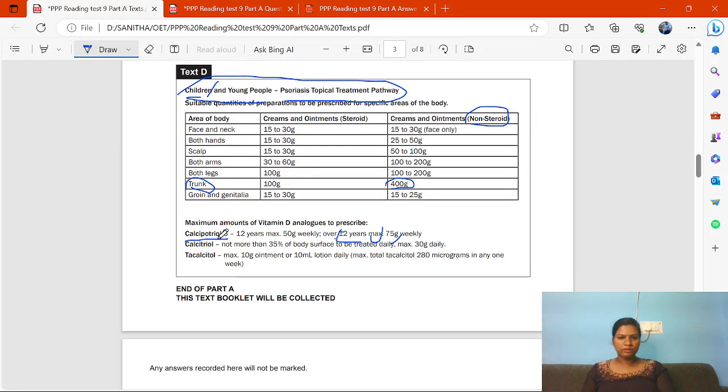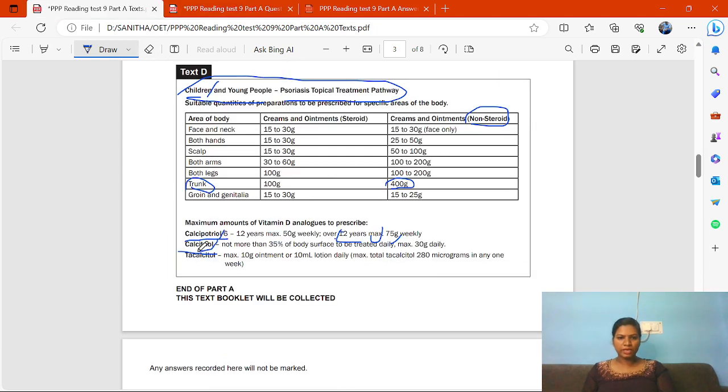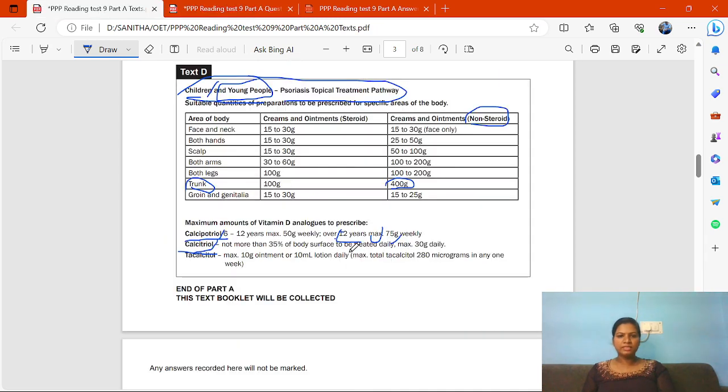Calcitriol we got. I want to check once more. What is calcitriol? Sorry, calcitriol we got. And young people, see, young people we got here, another keyword, and percentage. What is the percentage? They are asking the maximum percent, only 1% given in this.